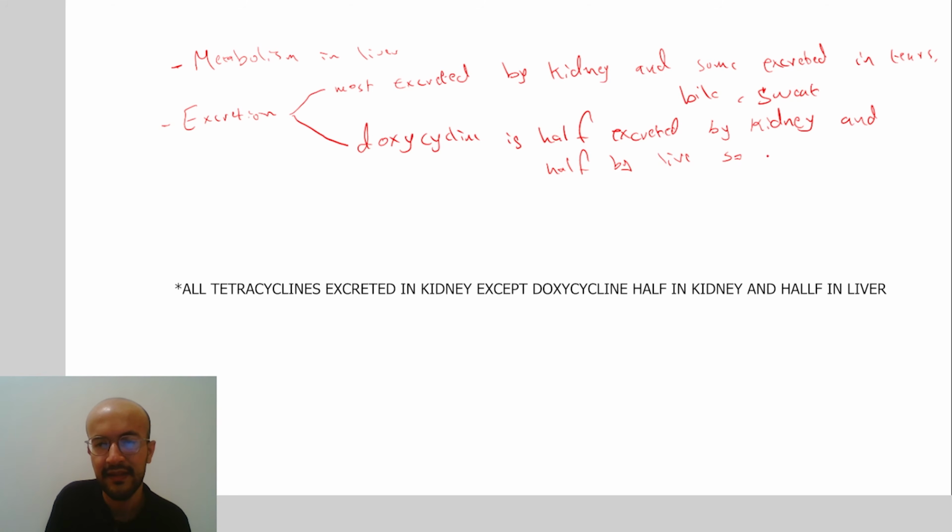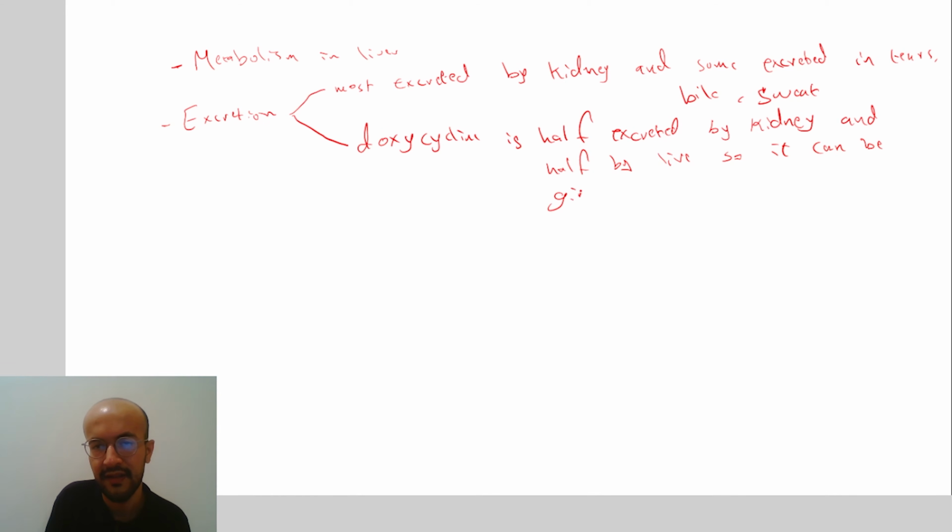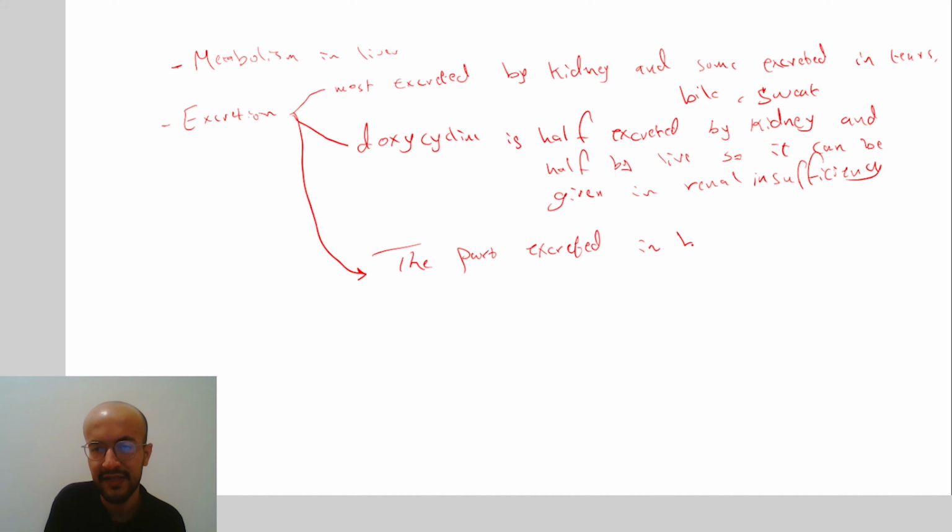So it can be given in case of renal insufficiency, and the part that is excreted in bile is reabsorbed again by the enterohepatic circulation, and this would cause liver toxicity with long regimens.